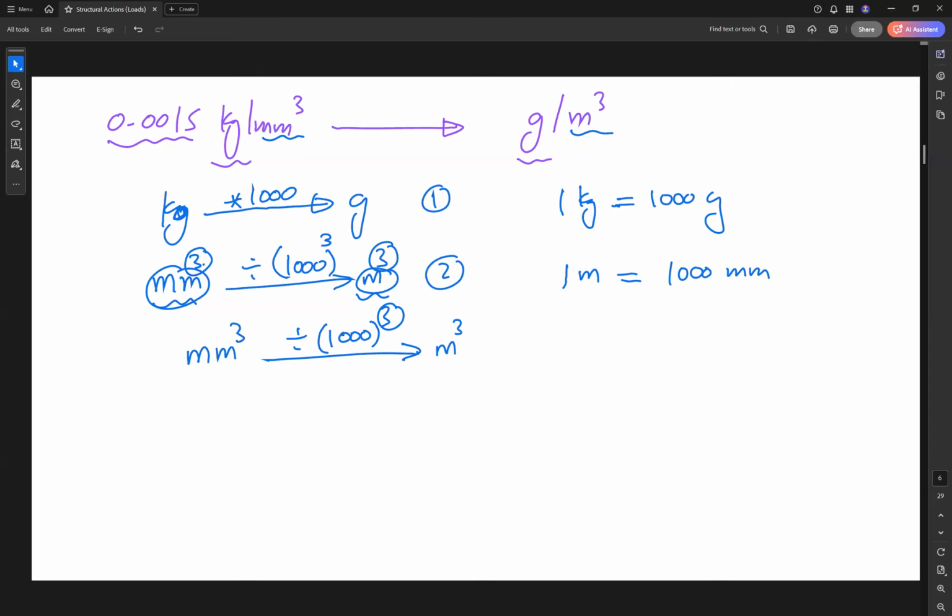If we want to convert this value to gram per cubic meter, we will have 0.15 multiplied by 1000, multiplied by 1000, and divided by what?